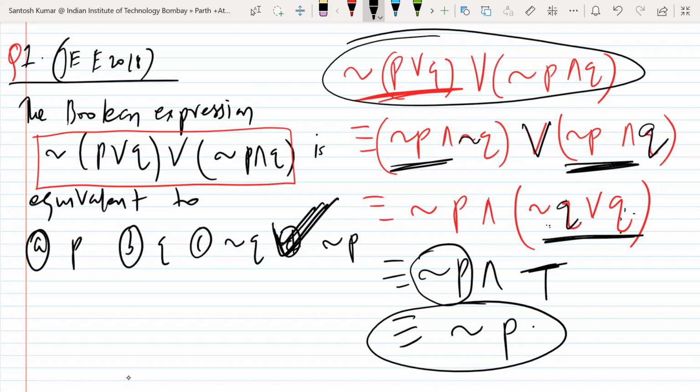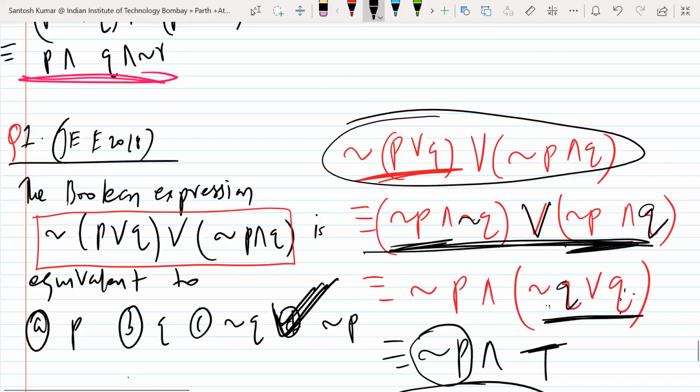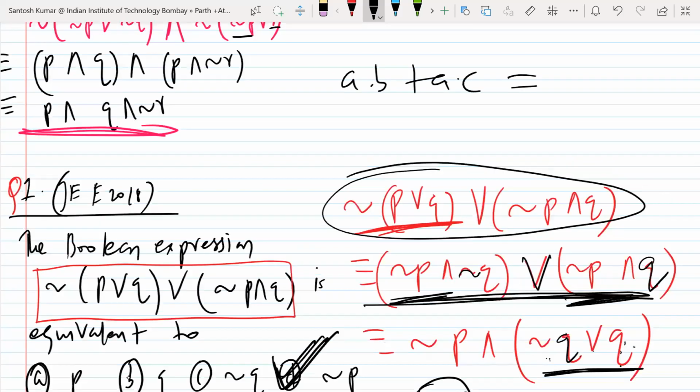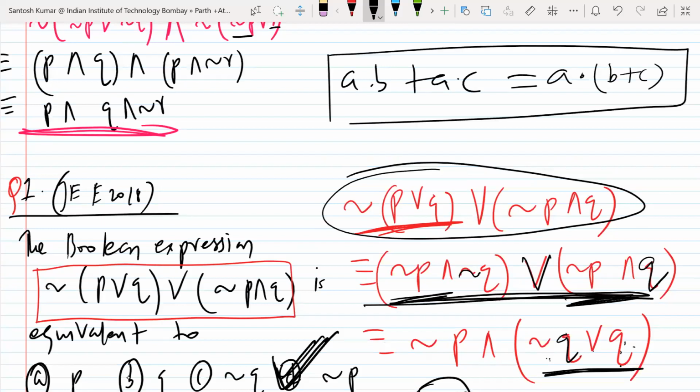Any doubt in this? Sir, when we take common, the sign changes. Which sign changes? See, you have AB plus AC. You take A common into (B plus C). This is the distributive law with multiplication and addition.